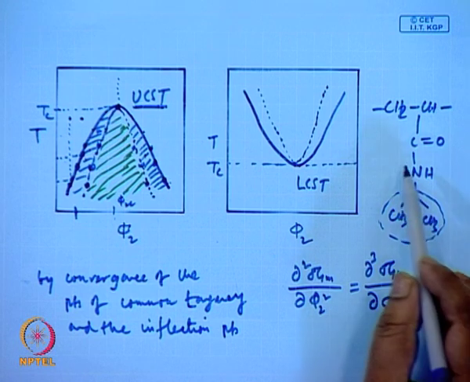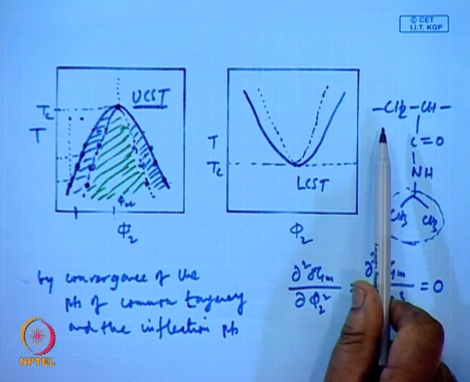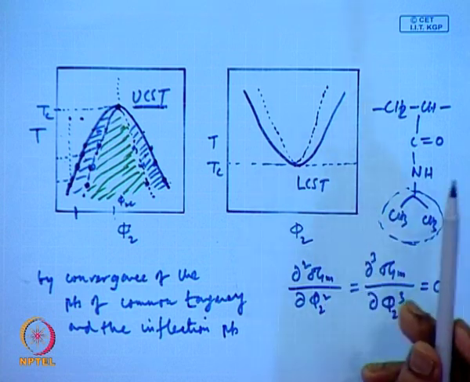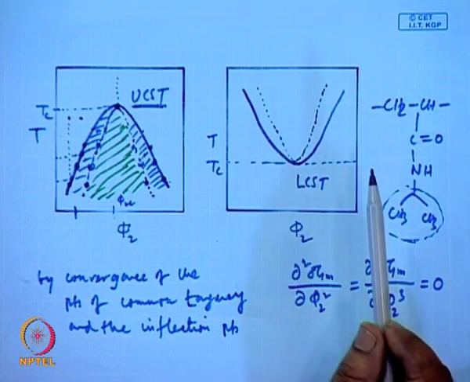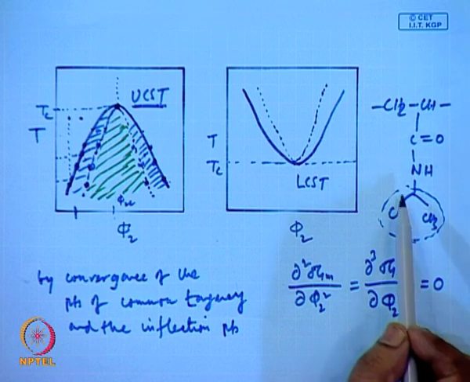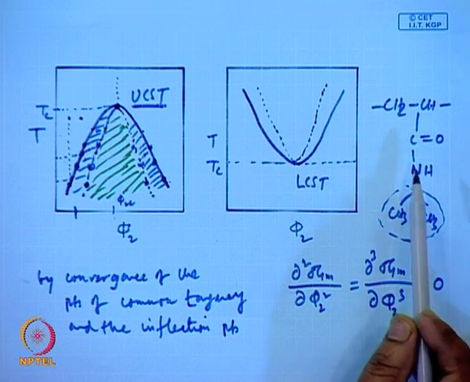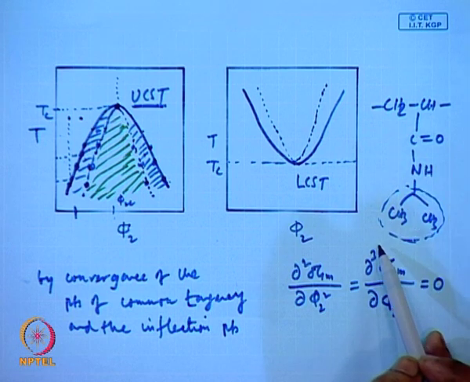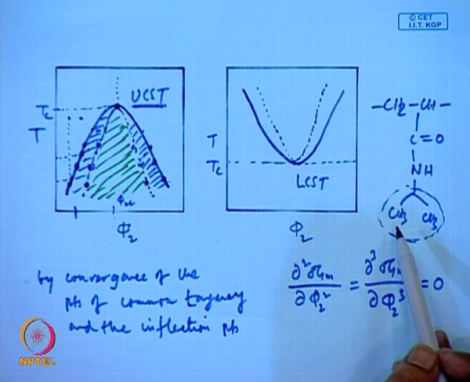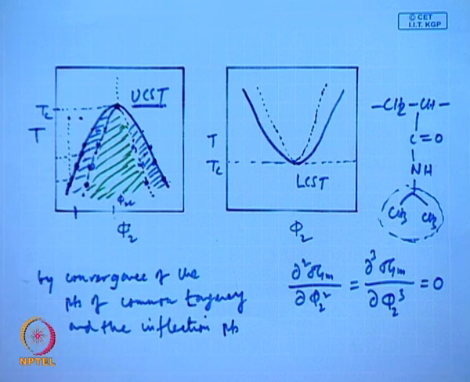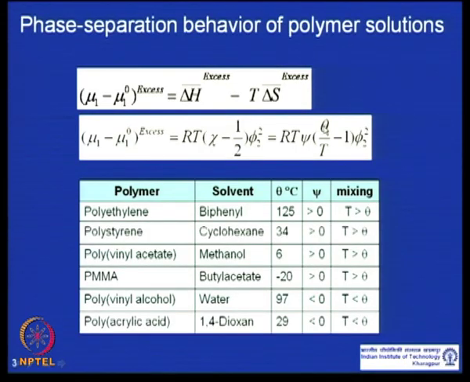Now, in addition to the combinatorial entropy, which is always favorable in the mixing process, in this case there is an entropy because of contact between the polymer and solvent, which is opposing the mixing process. So, in this case the entropic parameter is negative. So, psi is negative. What happens then?